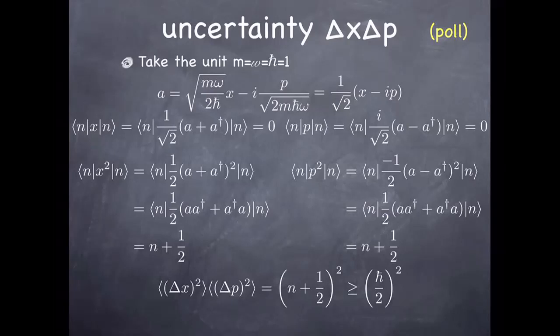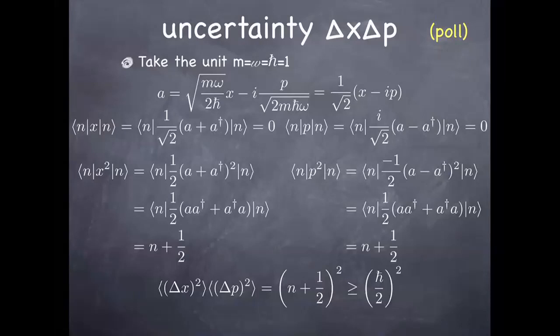Delta p squared is defined as p squared expectation value minus p expectation value squared, and second term vanishes. So it's nothing but p squared expectation value, that's n plus 1/2. So the total uncertainty here is that delta x squared is n plus 1/2, delta p squared is n plus 1/2, and the product is (n plus 1/2) squared.